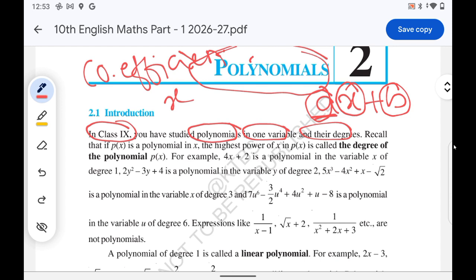A is known as the coefficient of x. And what we can write, b is also a coefficient. We can write b as the coefficient of x raised to the power 0. So both a and b are coefficients. A is coefficient of x.